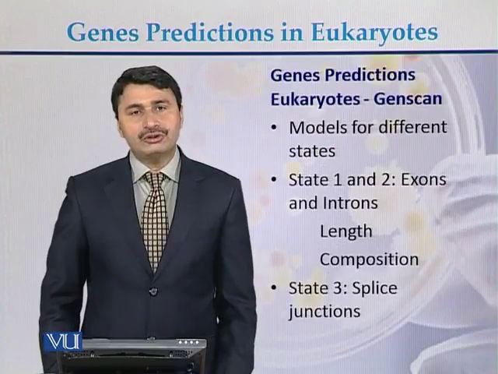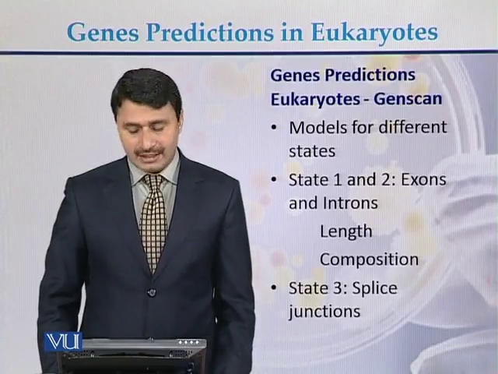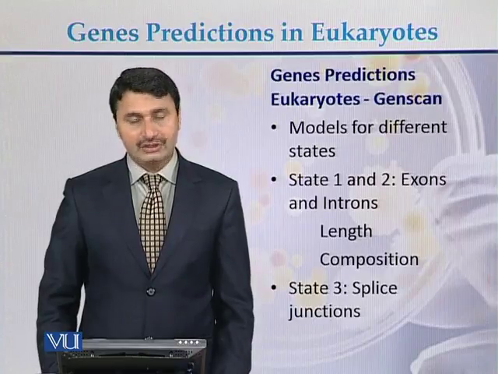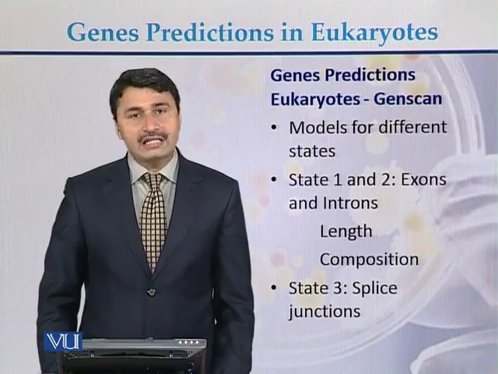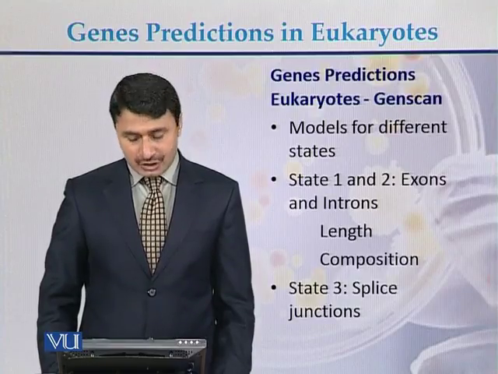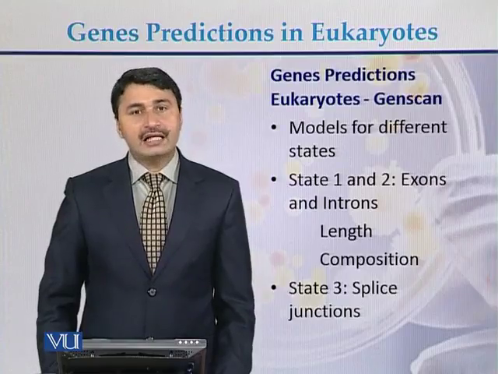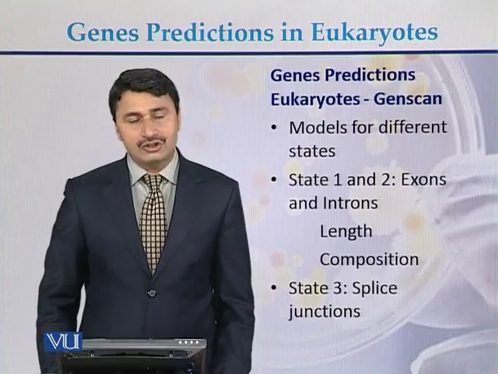In addition to these two, there is another gene tool called Genscan. Genscan models three different states. State 1 and state 2 are for the exons and introns, to identify their length and the composition of the nucleotides within the exons and introns.